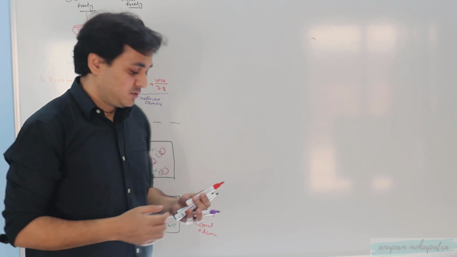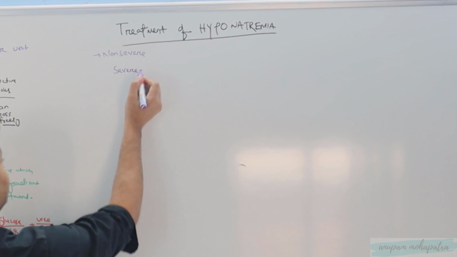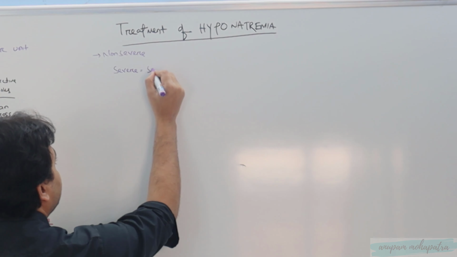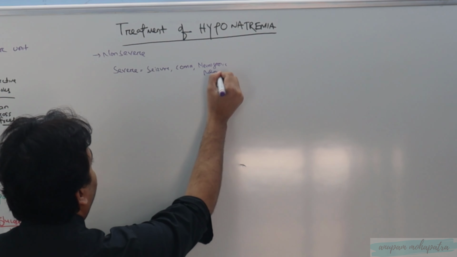One will be non-severe, and another is severe. In the severe we have seizure, coma, neurogenic pulmonary edema.